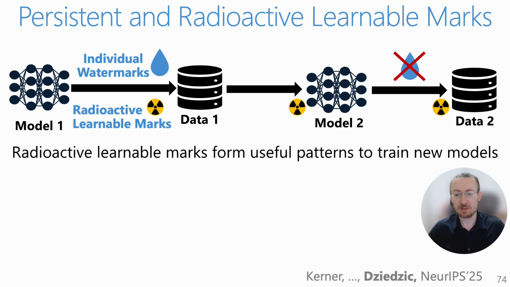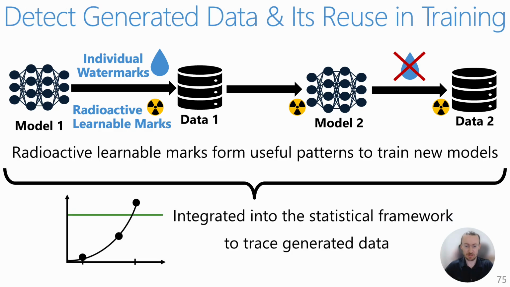And the same is true for the SeRum watermark, since we add this specific static noise for every single image, and every single image has this specific pattern that comes from the watermark. The model can then pick up this pattern, and model 2 is also emitting, in this case, the SeRum watermark. So we want exactly this property of radioactivity.